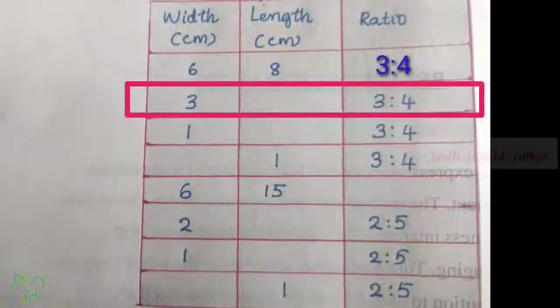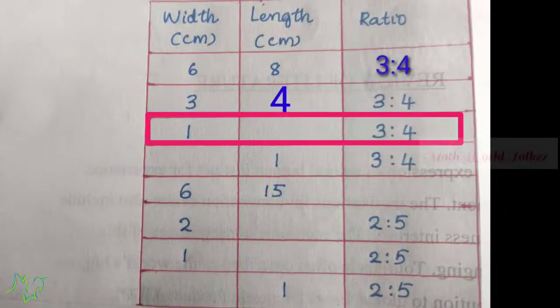What about the next one? Length is missing. So you can see ratio is 3 is to 4 and width there is 3. So in ratio that width is also 3. So there is no change in length also. So length must be 4. In third row, length is missing.